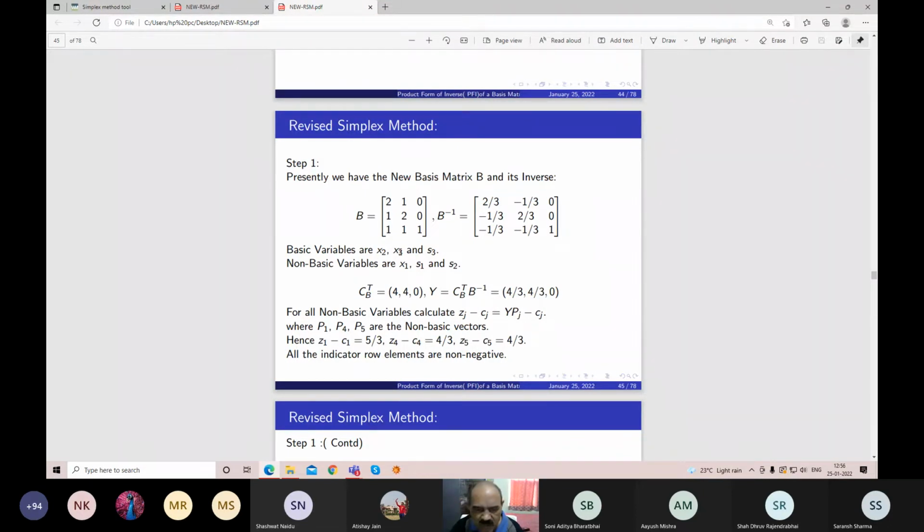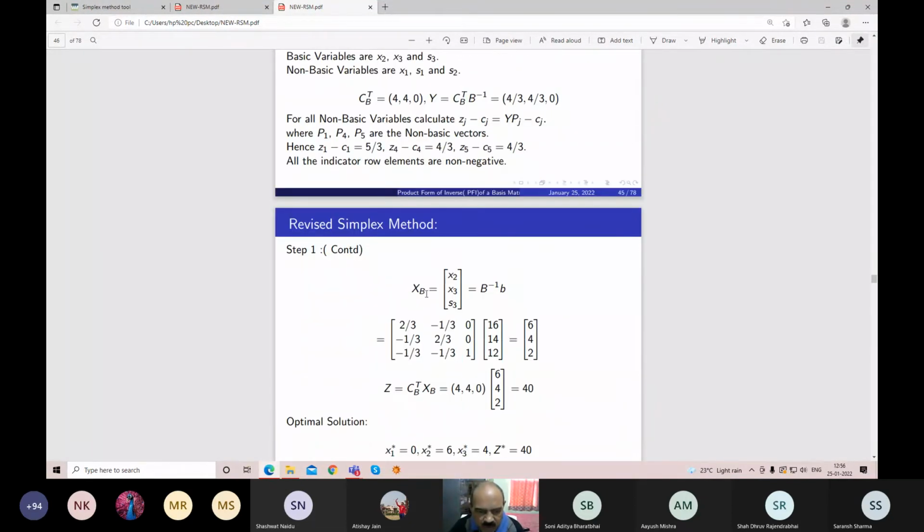The second column, third column, and the last column are the columns for the basic variables. So if you compute, we are finding all elements are positive. That is 5 by 3 for Z1 minus C1, 4 by 3 for Z4 minus C4, and 4 by 3 for Z5 minus C5. So this indicates this is an optimal simplex table. Once it is optimal, no need of computing any inverse further. So whatever inverse you have got, using that you will have the final solution.